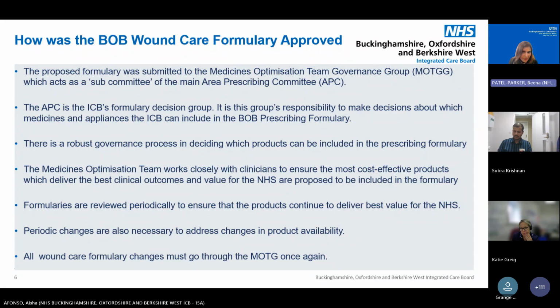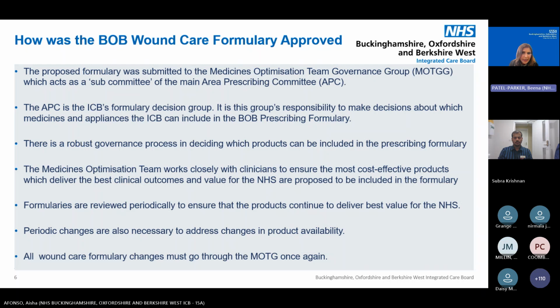It's the main area prescribing committee, called the APC, which is the ICB's formulary decision group. It's this group's responsibility to make decisions about which medicines and appliances the ICB can include in the BOB prescribing formulary. This is a very robust governance process in deciding which products can be included in the prescribing formulary.